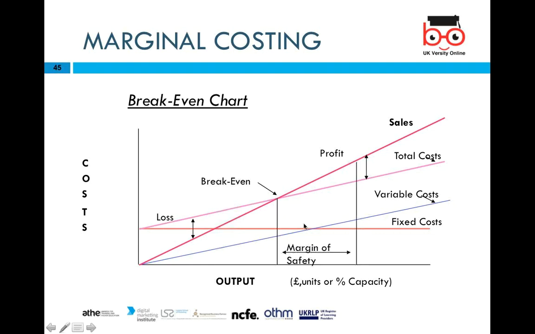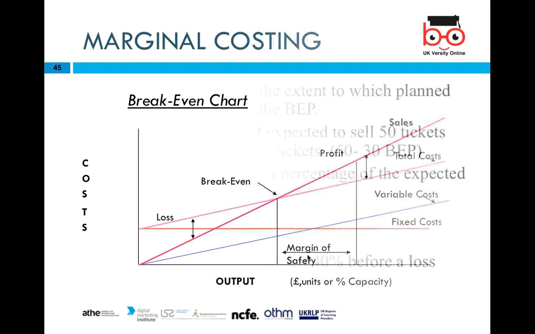And now we will see our margin of safety, because we want to sell our units after the break-even point. So we need to see our sales after this point; this is our cost line, and this is our sales line.